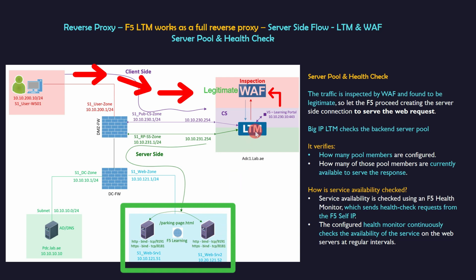Alright, a question here. How does F5 check the service availability on the pool members? Service availability is checked using an F5 health monitor, which sends health check requests from the F5 self IP. The configured health monitor continuously checks the availability of the service on the backend web servers at regular intervals.